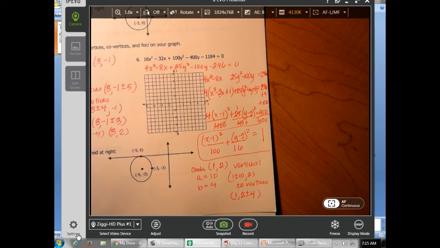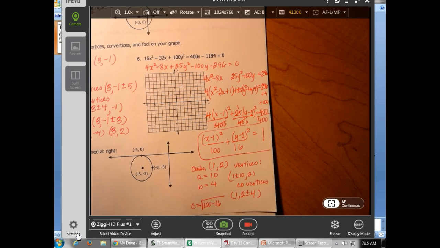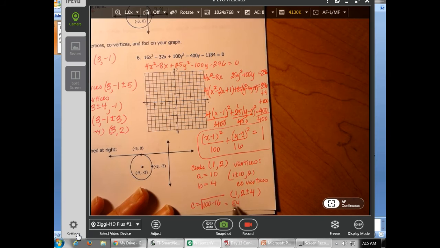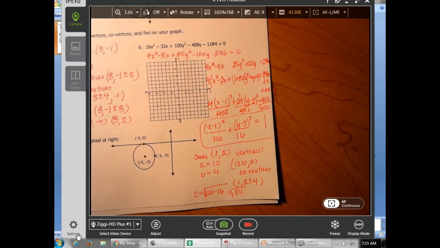And then I'm going to take the difference between my denominators, and it's 100 minus 16. So we'll just leave it at 84, so we won't try to simplify that. Remember I told you in class that you can leave it as an unsimplified radical here because it kind of helps you know how big it is.